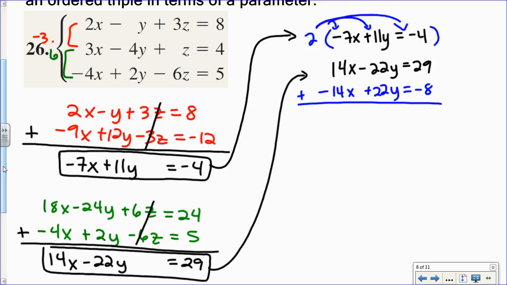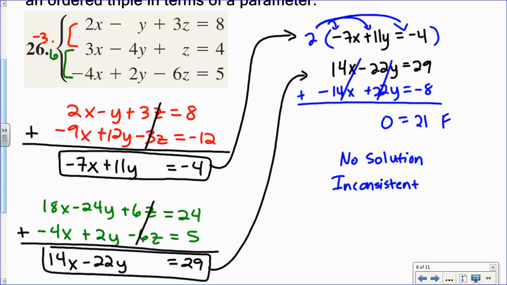Add down. And I see that my variables cancel, giving me 0 equals 21, which is false. Because I got a false statement, this one will have no solution, or you can say inconsistent.